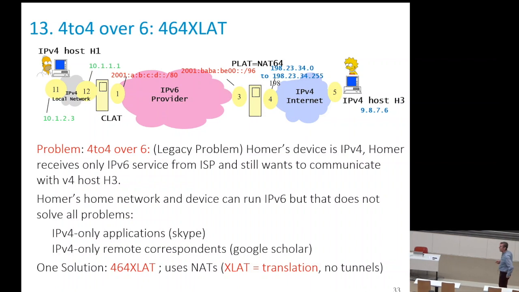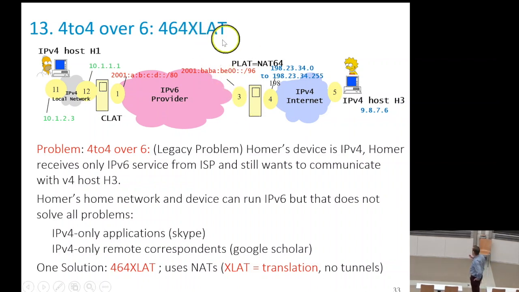Now let's look at another type of problems that does not use tunnels, but translation. XLAT stands for translation. That's the American acronym for translation. So what is the problem? The problem is the converse, 464XLAT. So assume you are sitting at home over IPv4 because you're old and conservative, and you want to access some IPv4 hosts.